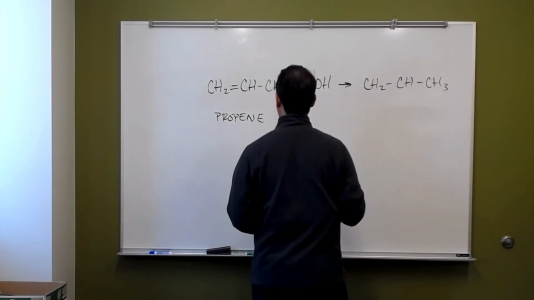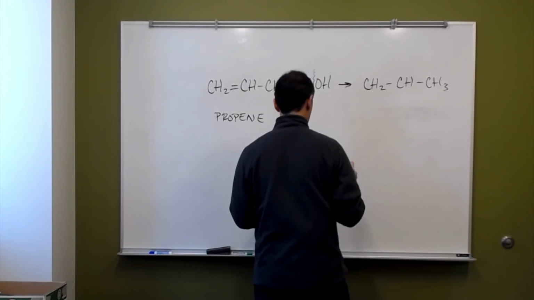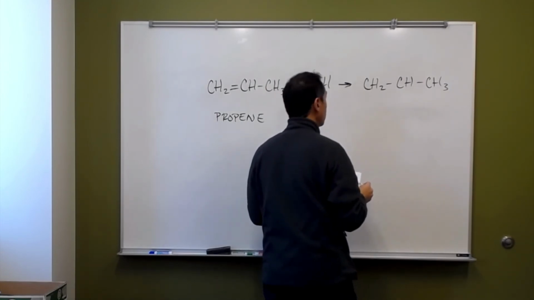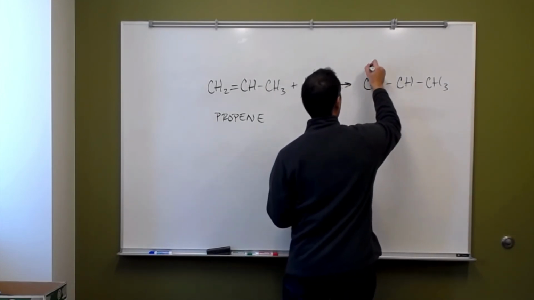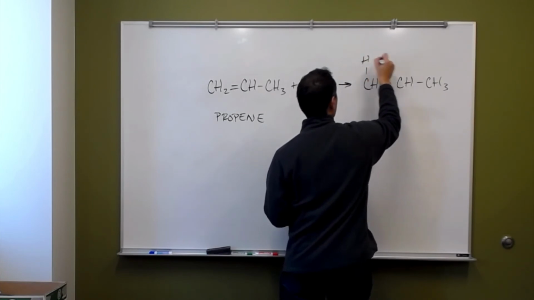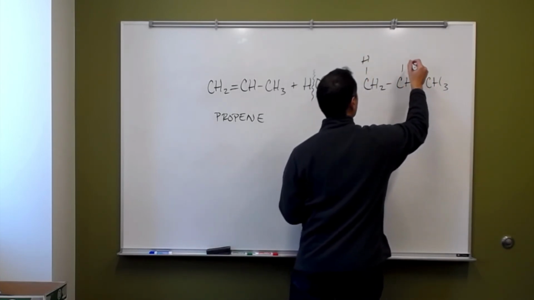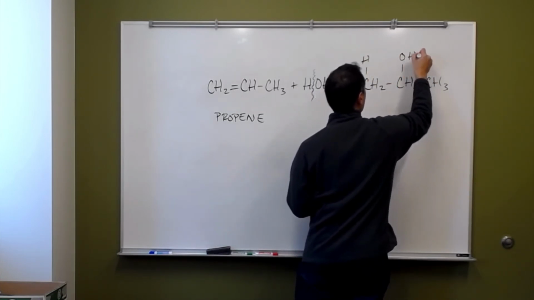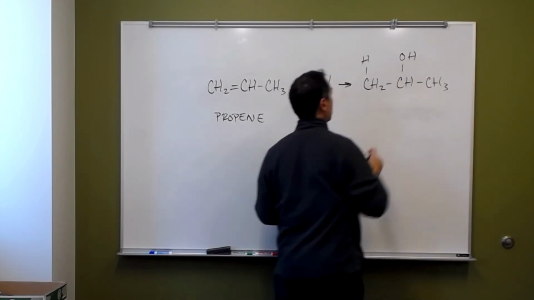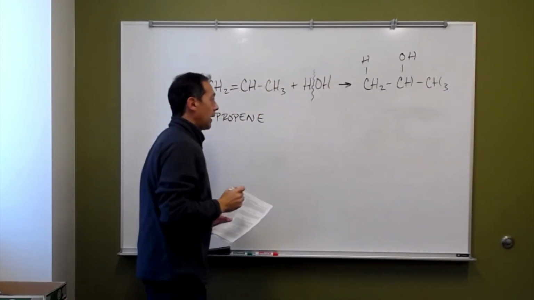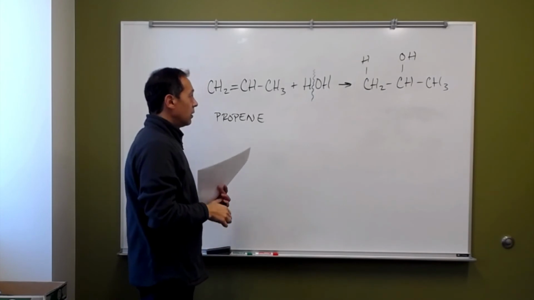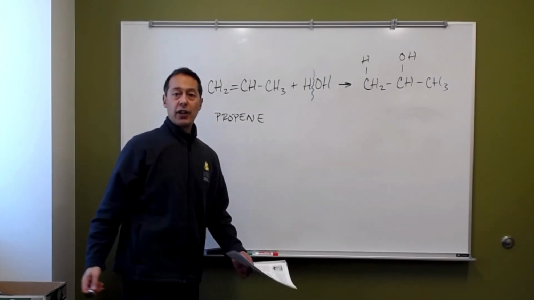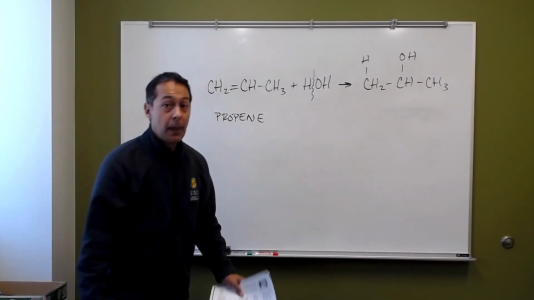Then we add a hydrogen like this, and then we add a hydroxide, an OH, like that. And we go, okay, all right, good, and we pat ourselves on the back and feel pretty good.